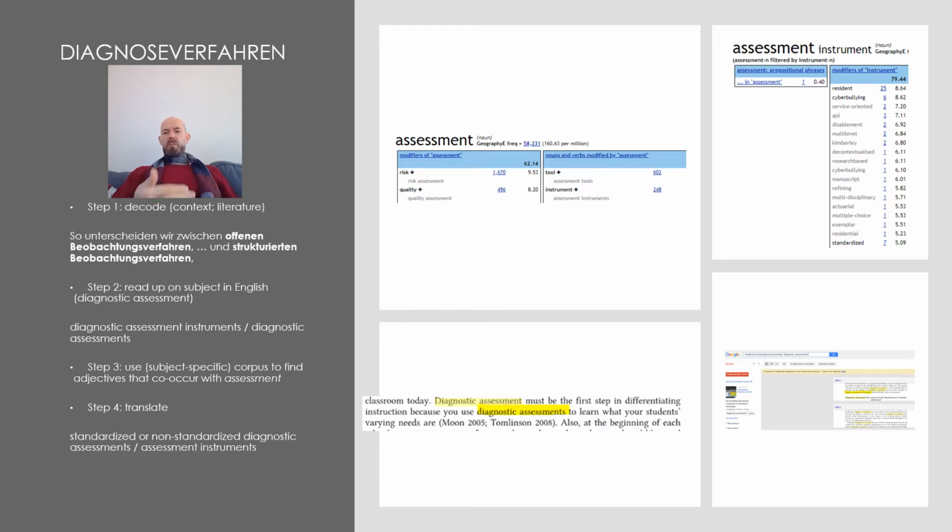Where do the examples come from? Do they come from native speaker texts? Because you do find some examples of structured observation methods and so on, but they're usually not by native speakers. So what do we find in our native speaker corpus? Well, we find instrument, of course, assessment instrument. We also found that in this article, in the encyclopedic article.